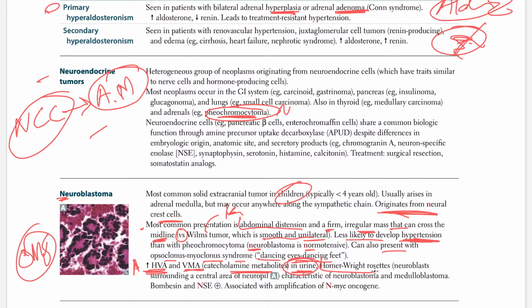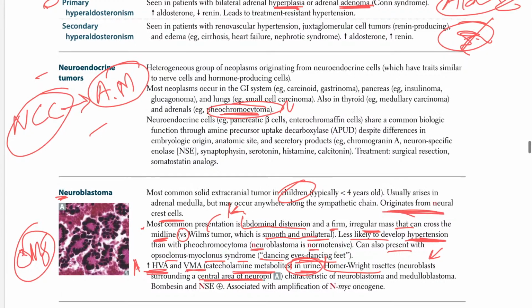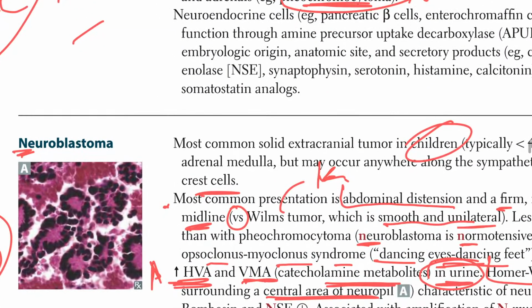Again, high yield is going to be Homer-Wright rosettes, which are neuroblasts surrounded by a central area of neuropil. If you look here, you have Homer-Wright rosettes.